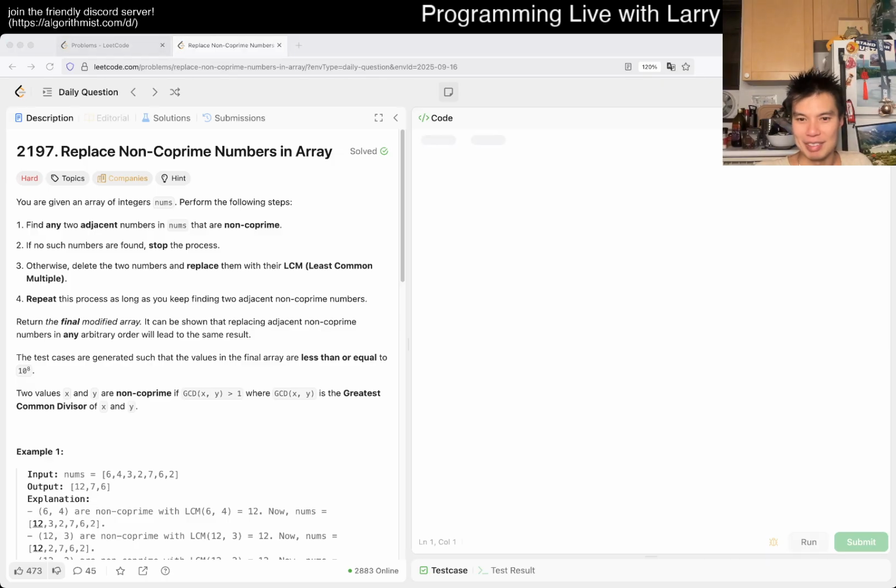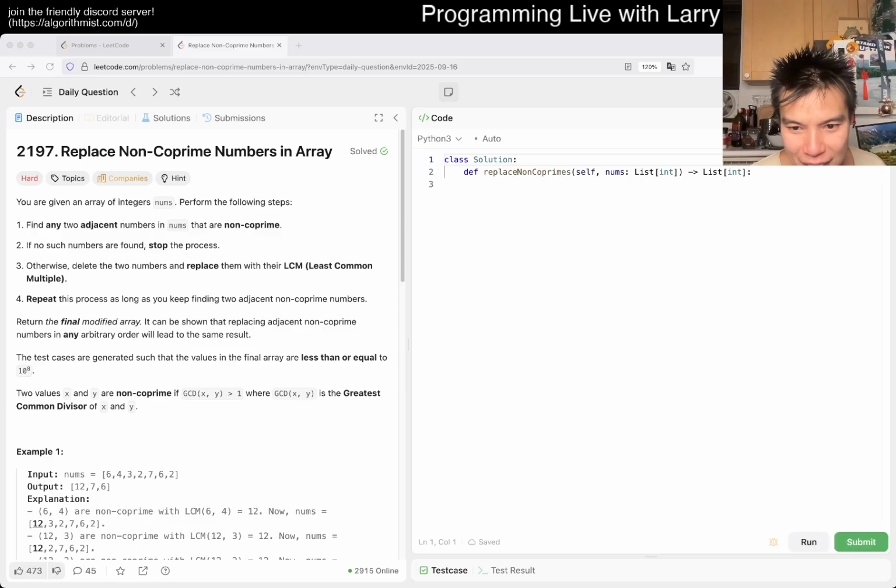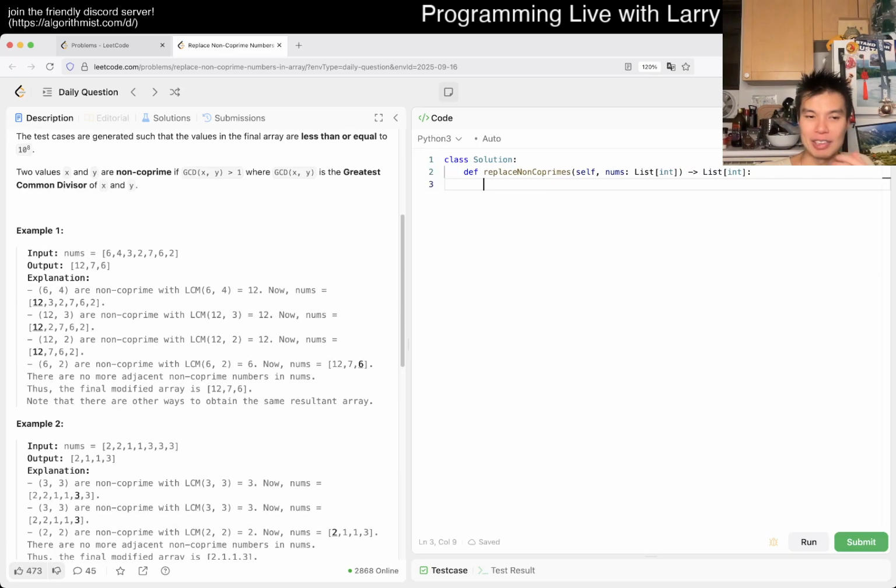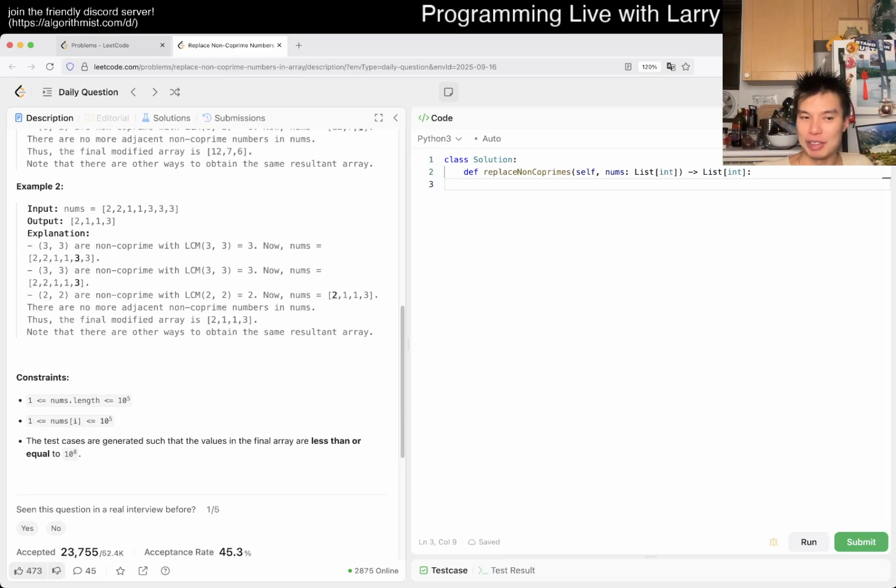What is going on with Leetcode? Okay, there we go. The naive attempt may be just n squared, and then with another while loop, n cubed would be the easiest thing to do. Of course, with n equal to 10 to the 5th, n cubed is going to be too slow. Right, so yeah.